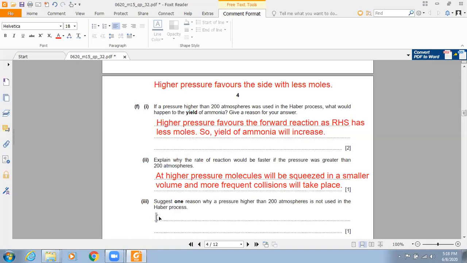So suggest one reason. As I told you, higher cost, and another issue that you can mention is safety. So safety issues or higher cost can be mentioned.